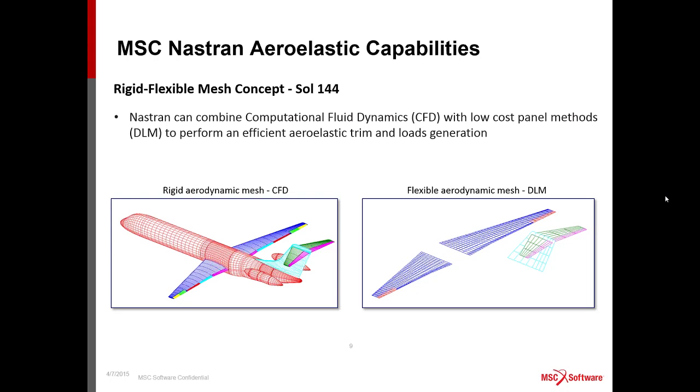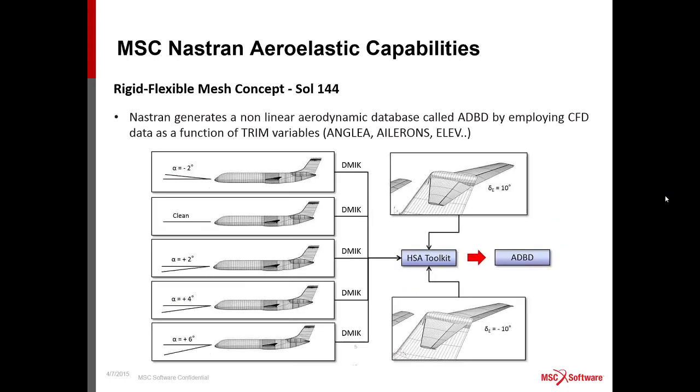Okay, this means that if the user has available CFD data on the wetted surface, you can use this data and combine it with the doublet lattice method. In Nastran we use the rigid aerodynamic mesh and the CFD load to create a nonlinear aerodynamic database, and after we combine it with the doublet lattice method to perform a hybrid aeroelastic solution.